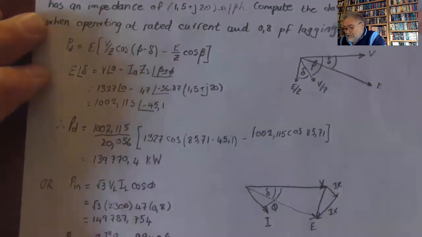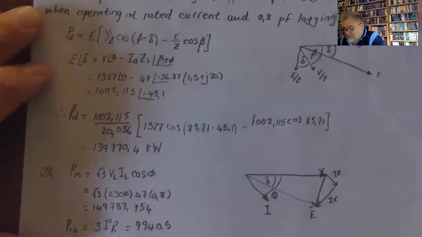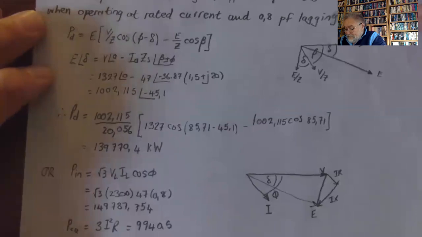Or we can say that the input power is 3 square root 3 V line I line cos phi, which is 149,787.754 watts. And if we subtract the copper loss, which is 3I squared R, we get the developed power is 139,847.